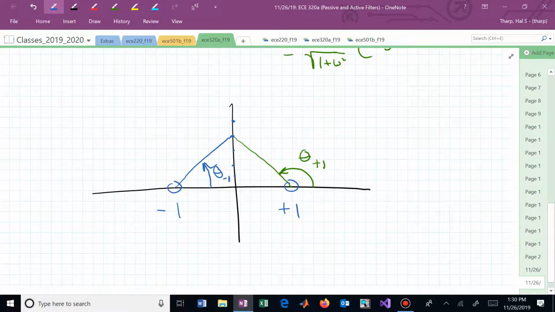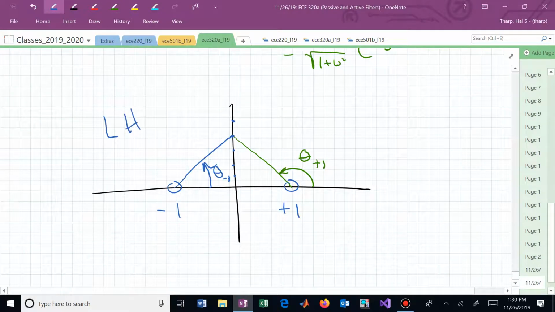That's why the terminology, a minimum phase system, means that all of your poles and zeros are in the left half plane. And that's how we are sketching our Bode plots. So here's our left half plane, and here's our right half plane.